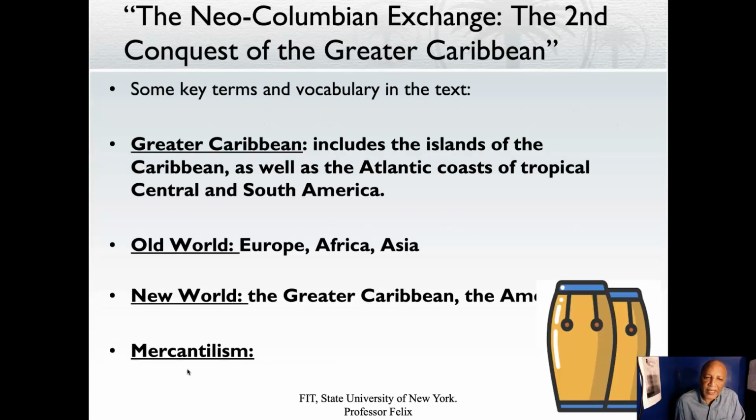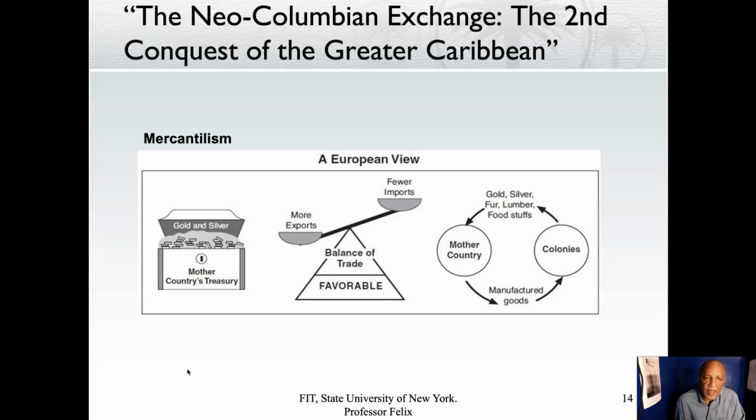Okay, so basically a quick review of terms as we close. The Greater Caribbean, we already explored this. You know what this means, the Old World, New World. Then mercantilism is an important concept that we have to interrogate a little bit as we close. So basically mercantilism is domination by the imperialist country, the empire, of the colonies that they controlled.